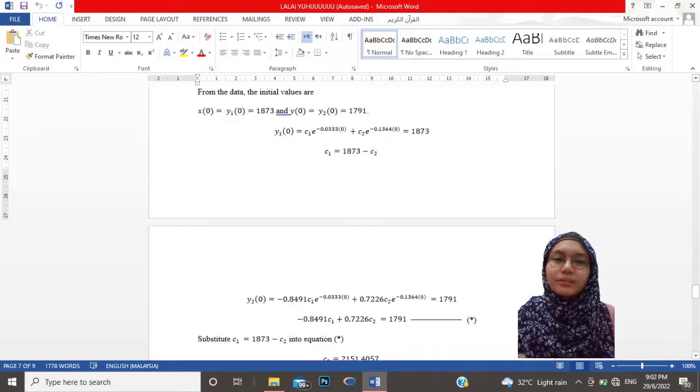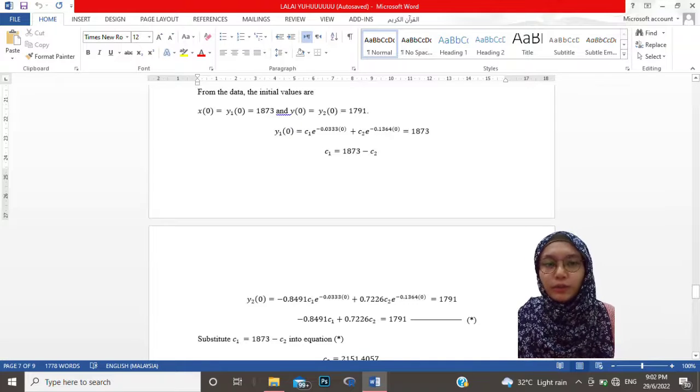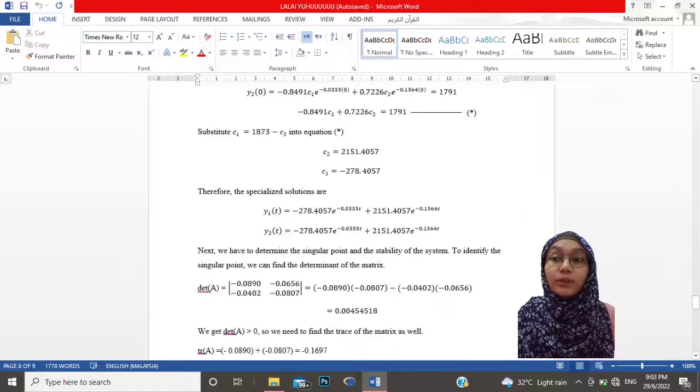Okay, from the data, we have the initial values of y1 at time 0 and y2 at time 0. With these values, we get C2 as 2151.4057 and C1 as negative 278.4057, and therefore the specialized solutions are as follows.